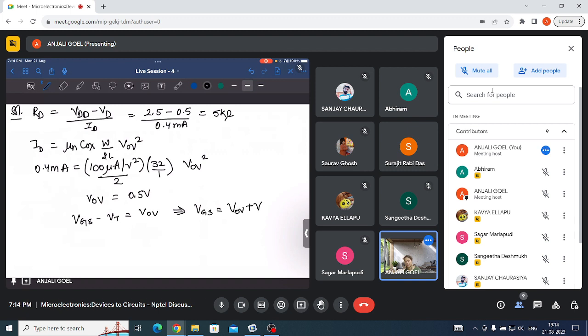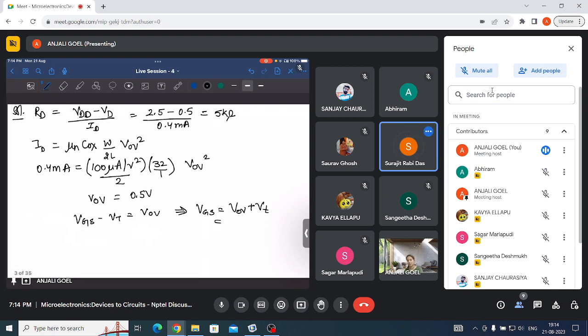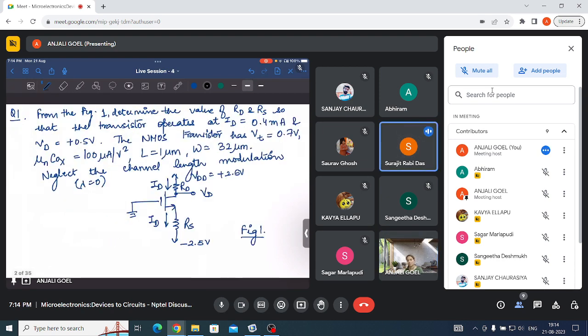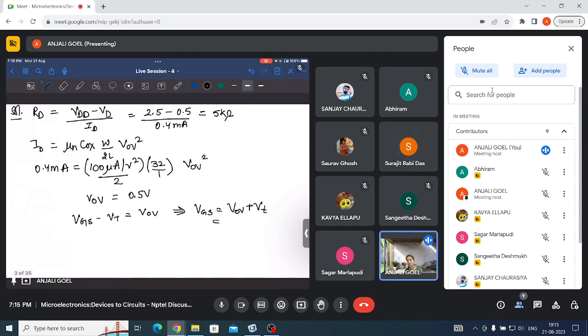So now VGS minus VT is your V overdrive, so VGS is equal to V overdrive plus VT. But ma'am, how can we know it is in saturation? It could be in linear also, no? No, but it is mentioned that you have to ignore the channel length modulation, and channel length modulation is only present in saturation condition. Otherwise it would have been 1 plus lambda VDS.